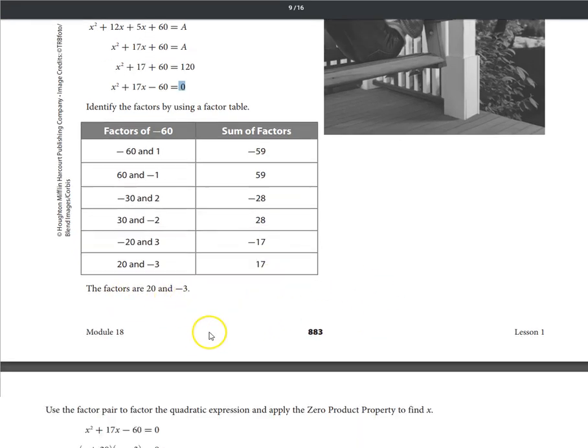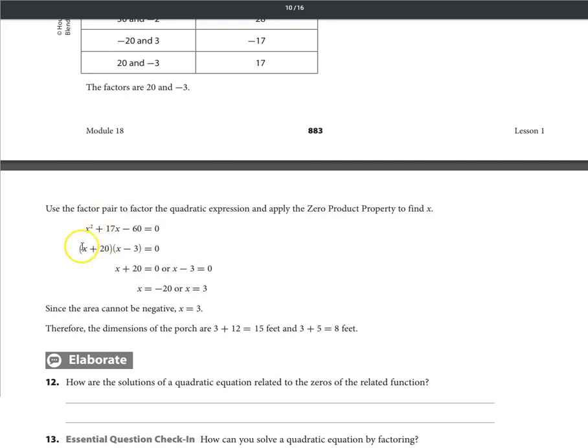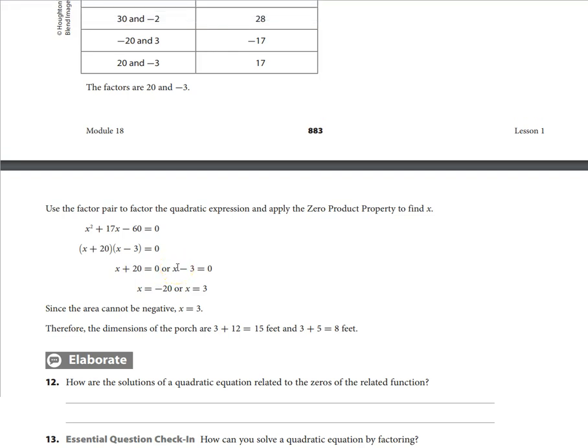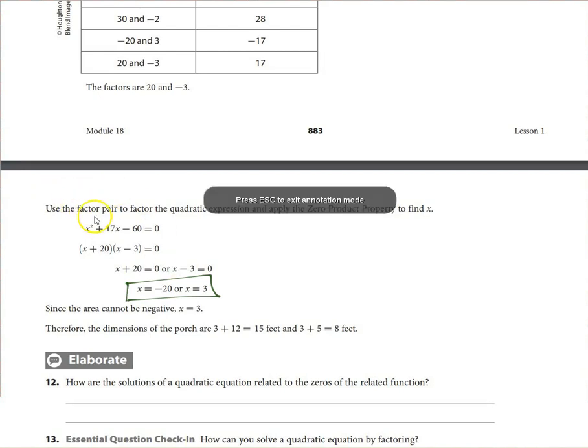So the factors are 20 and negative 3, meaning that the trinomial created for this situation can be factored into x plus 20 times x minus 3. And using the zero product property, that means either x plus 20 has to be equal to 0, or x minus 3 has to be equal to 0, meaning that x would have to be either negative 20 or positive 3.